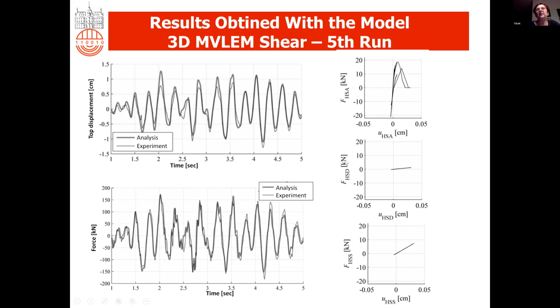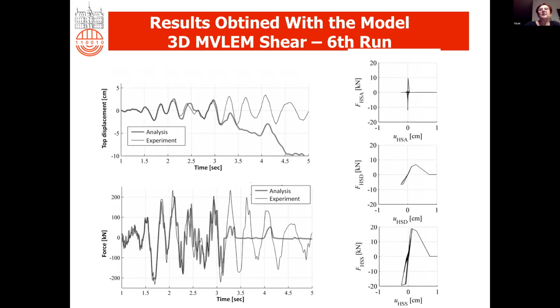the contributions of different mechanisms to the shear response, that in this 5th run, where we obtained some damage, the main contribution was from the interlock of the aggregate, while the dowel effect and the shear reinforcement were activated, but there was no yield.